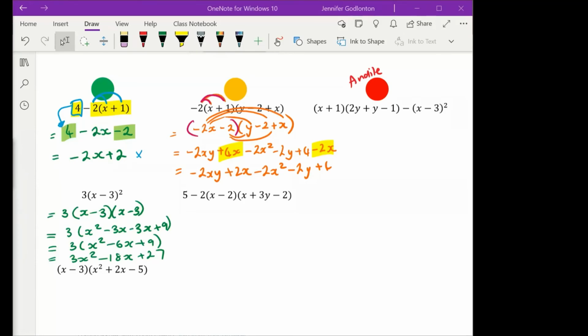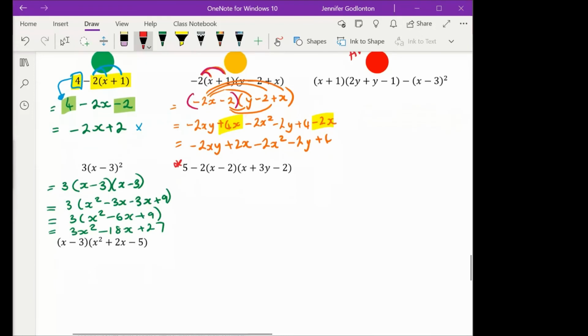While people are working on either the orange or the red, if you got that orange one wrong, then you can try the second orange one. And while people are doing that, I'm just going to quietly write up the answer for this third green one, just for those who had tried it, so at least you can check to see if your answer is right.